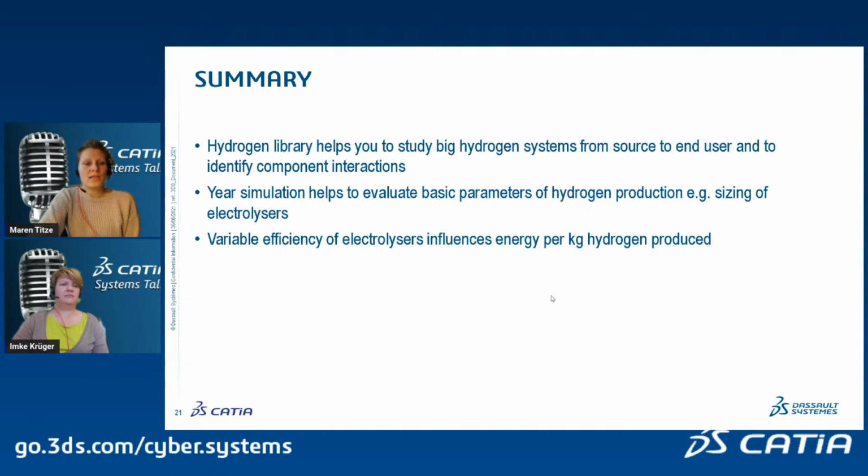Then we could show you that a year simulation is very good to evaluate basic parameters of hydrogen production, for example, the sizing of electrolyzers. And we showed that the variable efficiency of the electrolyzers has a high impact on the energy that is consumed, or that is needed for 1 kilogram of hydrogen produced.